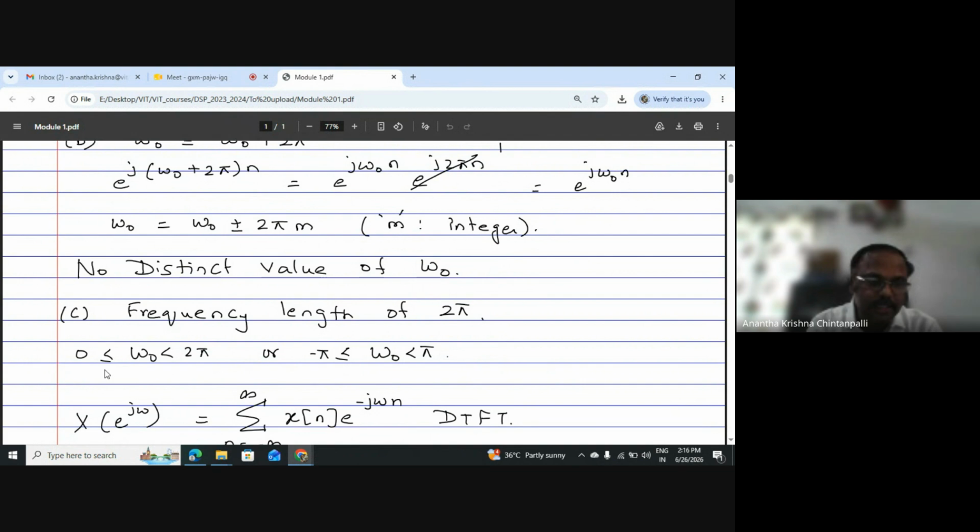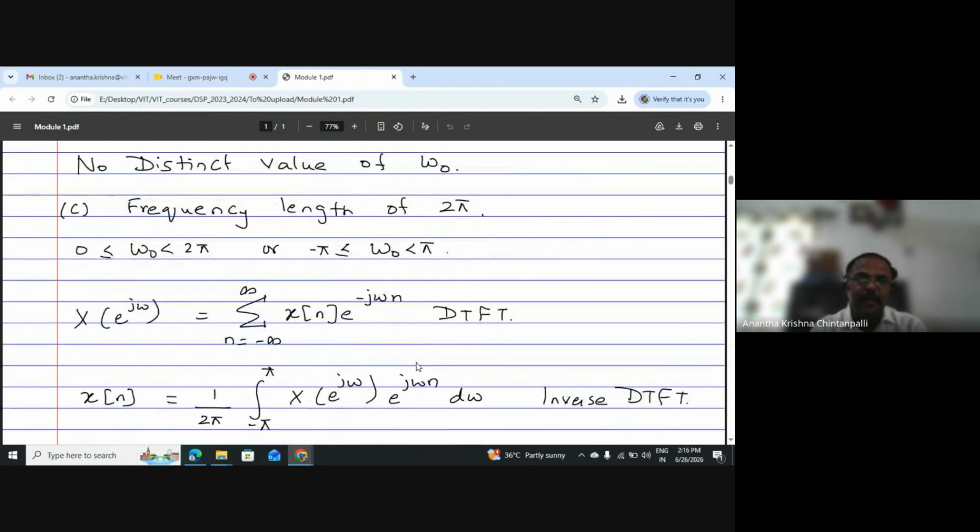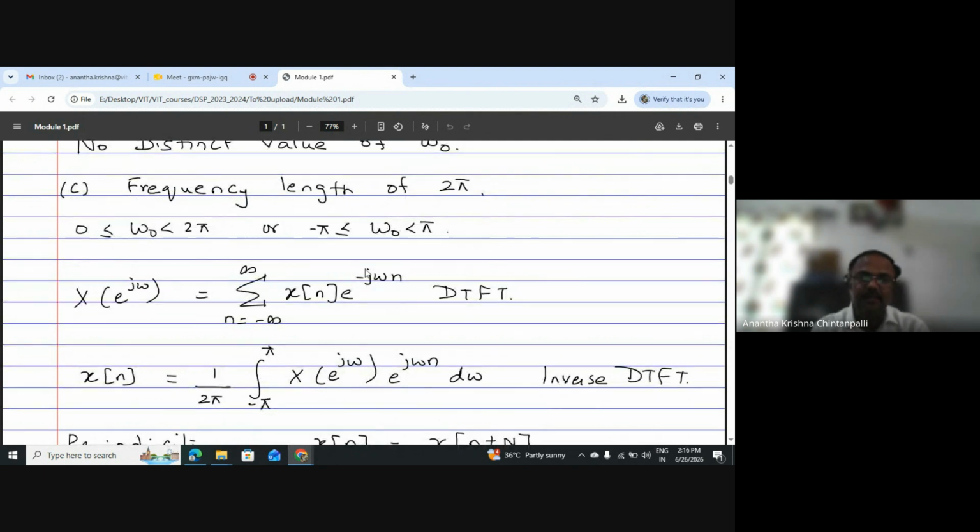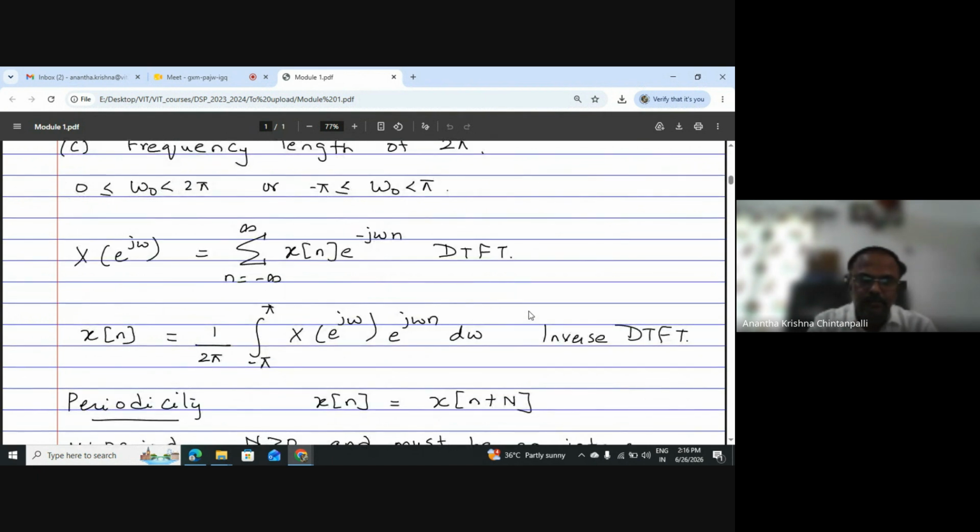Sometimes, and that's a rare scenario, we go from 0 to 2 pi with 2 pi inclusive, or from minus pi to pi inclusive. Why this is required is because this forms a basis function. This is the general formula for the discrete time Fourier transform, and this is the general formula for the inverse discrete time Fourier transform, which you know from your signals and systems.